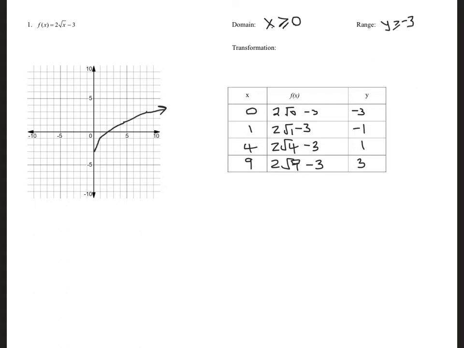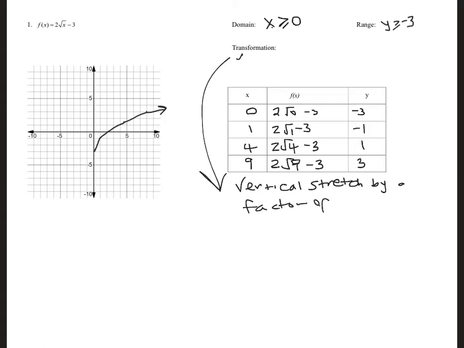Okay, and the transformations. Here the transformation is a vertical stretch. So I'm going to write it right here. We have a vertical stretch by a factor of 2, and that's because of this 2 right there.